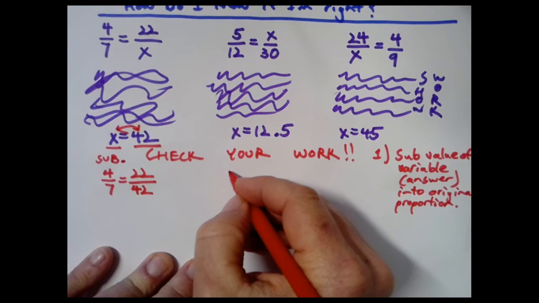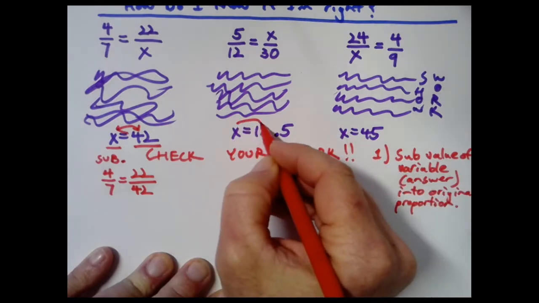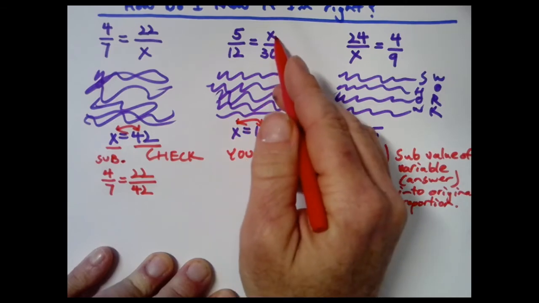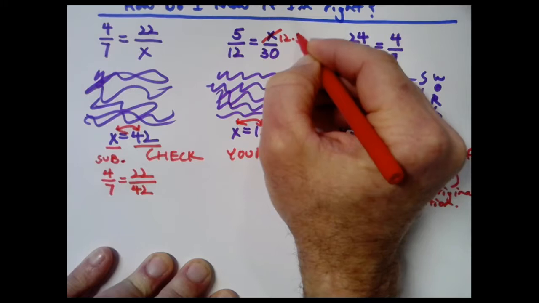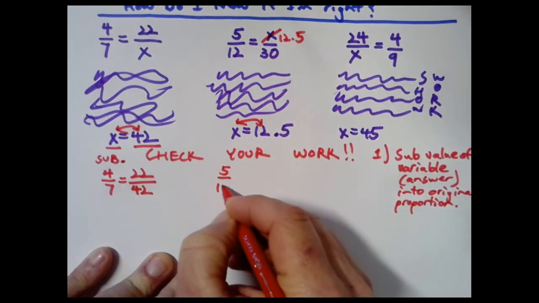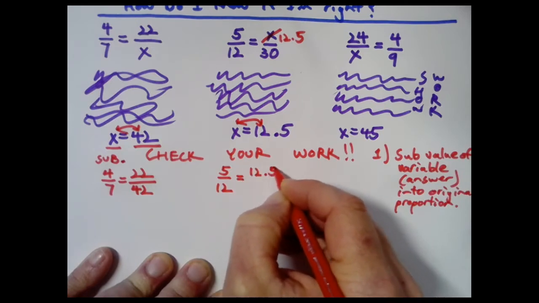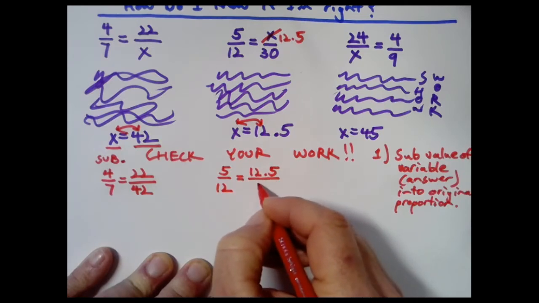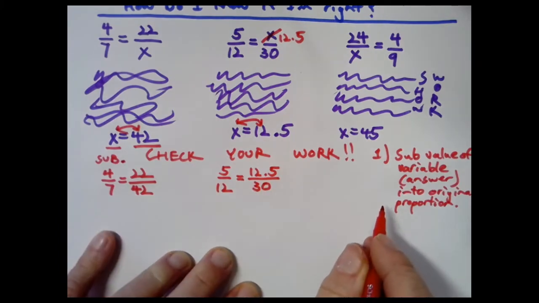Same thing here. Let's get some reps in. So we're going to do the substitution. Instead of the x, we're going to put the 12 and a half. So let's just rewrite it down here. Of course, you can pause the video at any time. I'm going too fast. I'm working on making this one shorter than usual.